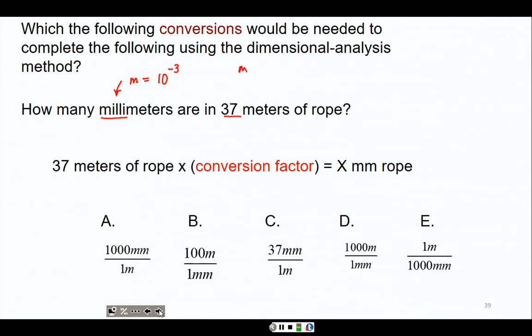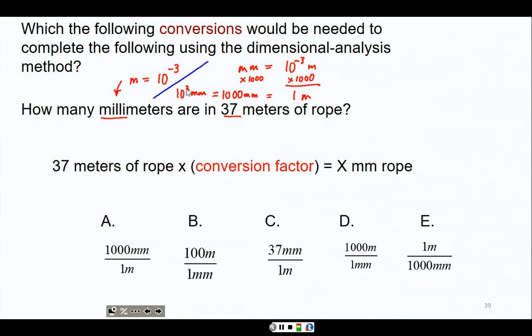So millimeter is going to be 10 to the minus 3 meters. Another way of stating that, if you don't like negative exponents, is to multiply both sides by 1,000. And you will get an equivalent relationship. 10 to the minus 3 times 1,000 is 1 meter. And a millimeter, so 1,000 millimeters, or 10 to the 3 millimeters. I'll write it that way also. 10 to the 3 millimeters is a meter. You can do it either way.